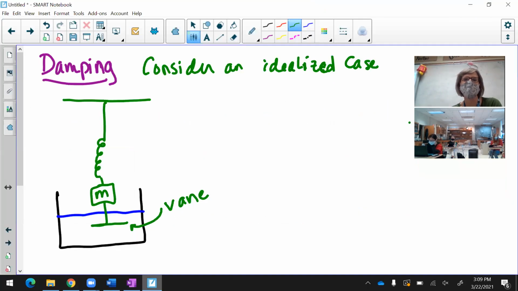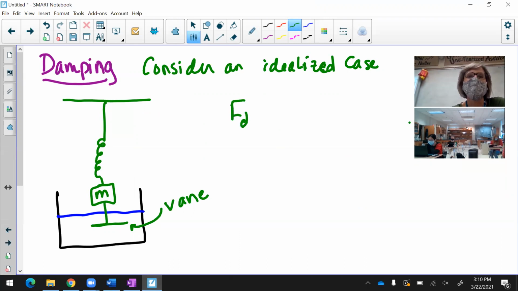Okay, so what happens with this vane that we have is that it's underneath the water, but every time the spring goes up and down, the water drags the vane and slows it down. But the thing is it slows it down in a predictable way, a way we can model.